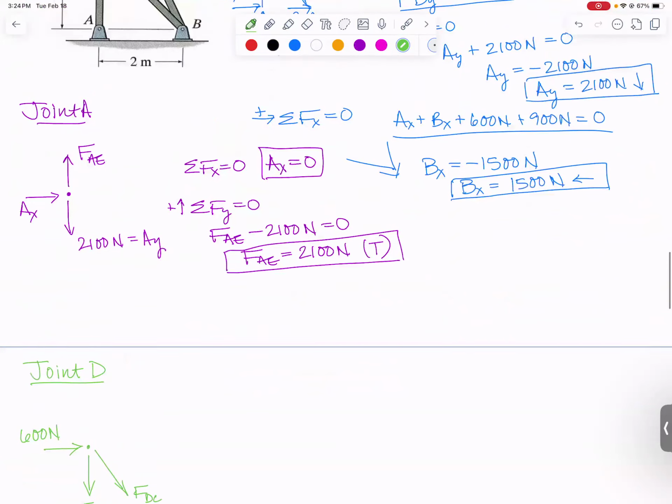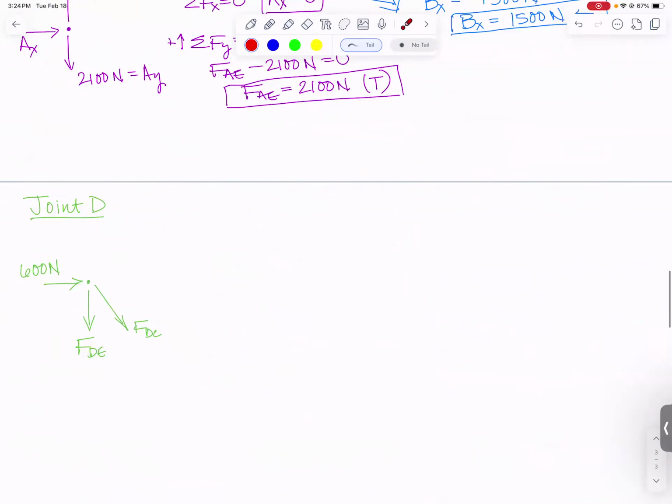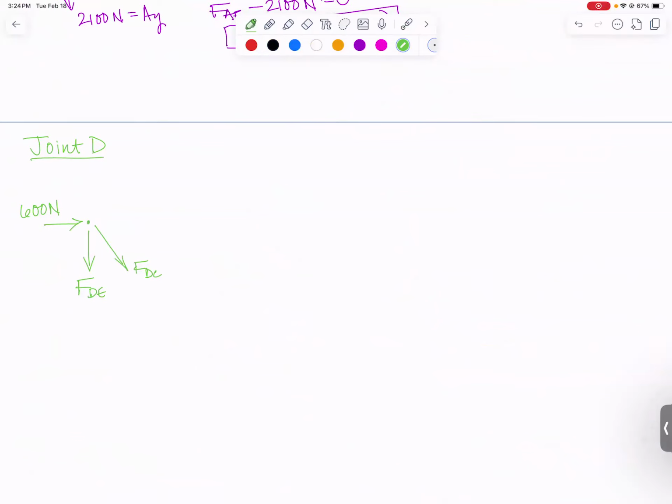So going up and looking at the picture, D to C is along this line, and it's 4 meters high and 2 meters wide. If I wanted to draw that as a little triangle, it's a 4, 2; squaring those, adding them and square rooting, I get square root of 20 on the hypotenuse.